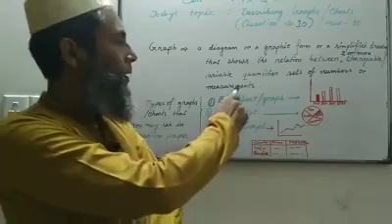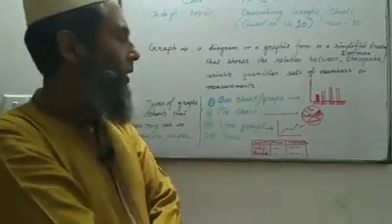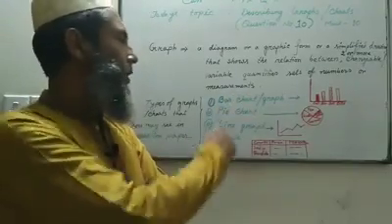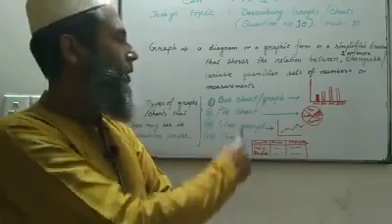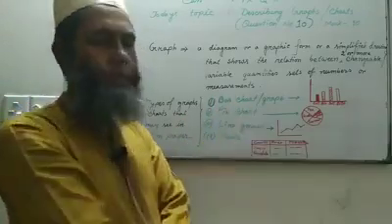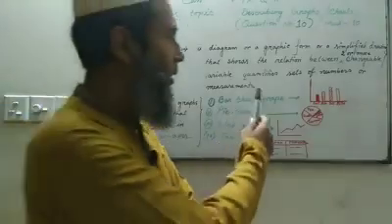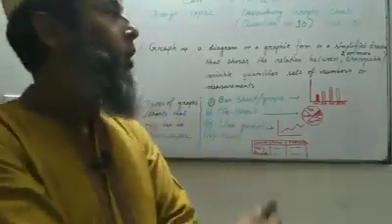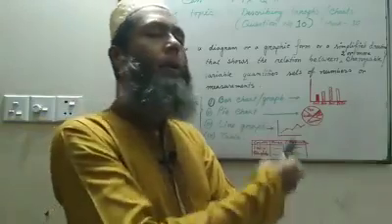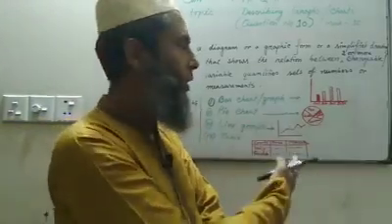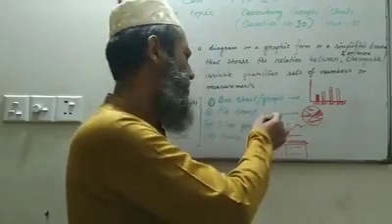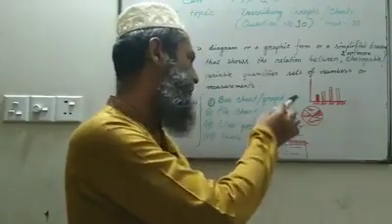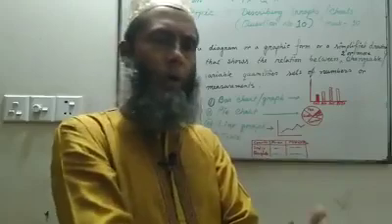Okay, we have already learned about the types of graphs and charts, and after this we will know how we can describe a graph or a pie chart or line graph or table. Okay.